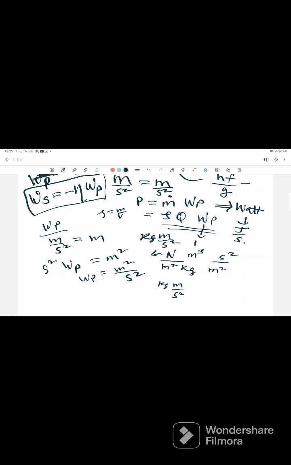Kilometer per second square, meter square, meter cube by kilo, kilo cancels with kilo. Second square, meter square, this this cancel, second square.